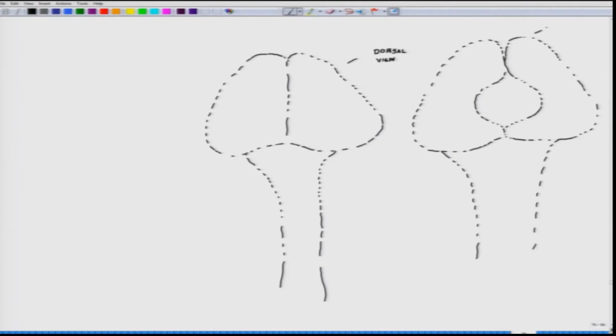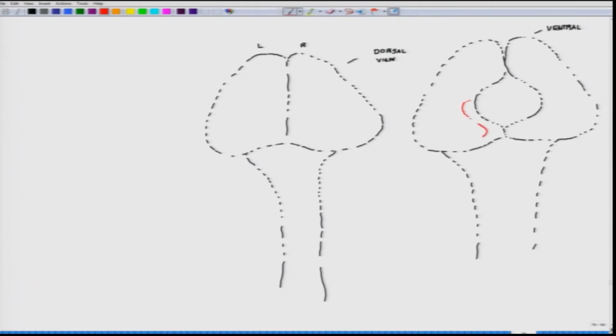This is the ventral view of the brain. Now, you have two hemispheres, left and right, whichever reference you gave. Now, somewhere out here, you cannot see it, it is slightly deeply folded inside.